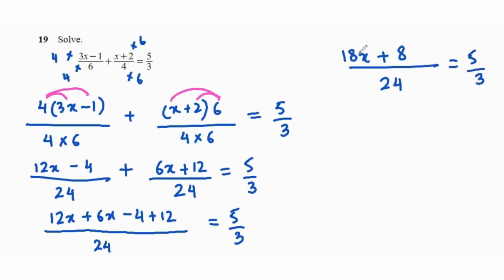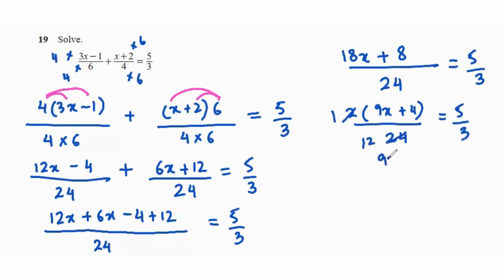Now we know that 18 and 8 come in the 2 times table. We can take 2 common. It's going to be 2 times (9x plus 4) over 24. Let's just simplify it. 2 ones are 2, and this is 12. So we have (9x plus 4) over 12 equals 5 over 3.